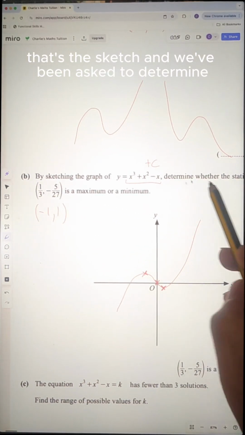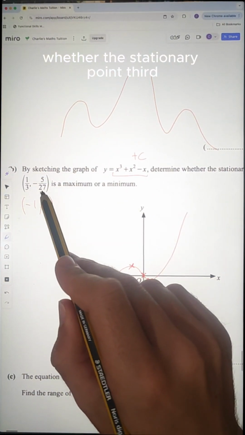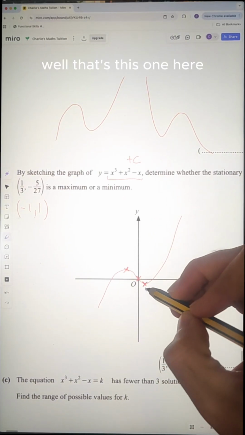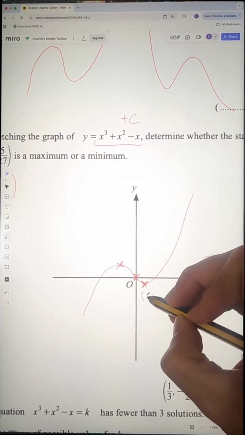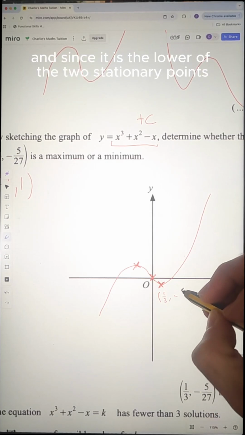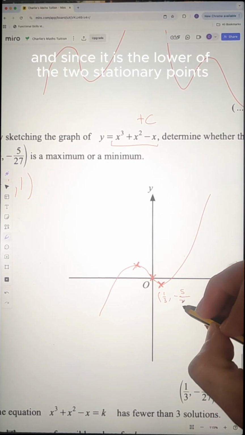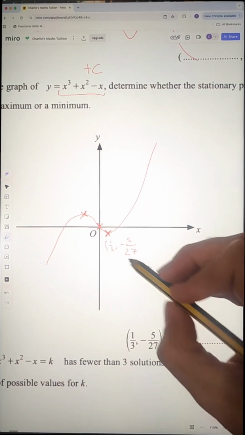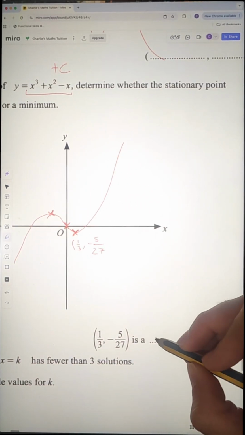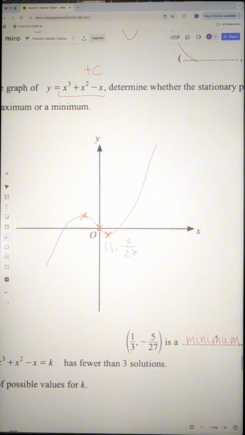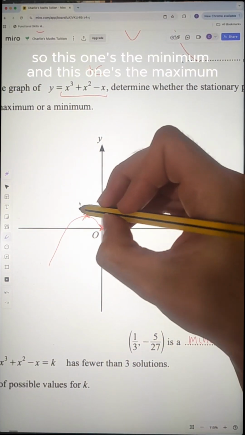And we've been asked to determine whether the stationary point 1/3 minus 5/27 is maximum or minimum. Well, that's this one here. Since it is the lower of the two stationary points, then it must be a minimum, since it's down here. So this one's the minimum, and this one's the maximum.